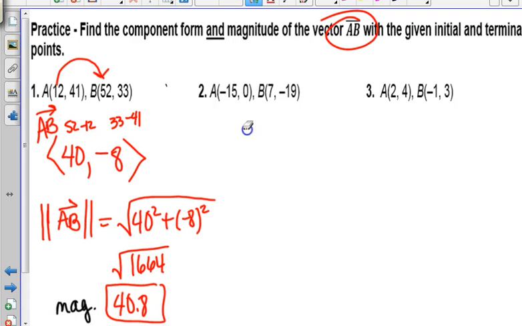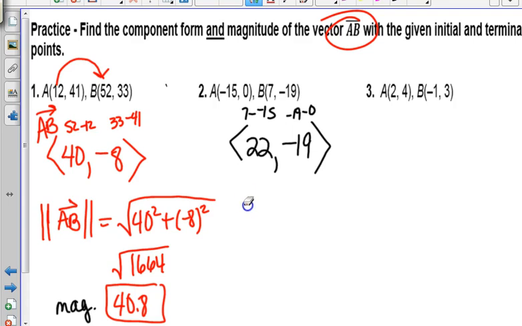All right, couple more real quick practice. From -15 to 7 is what? Or 7 minus -15 should be 22. Are we good? And from 0 to -19 is just down 19, or -19 minus 0.